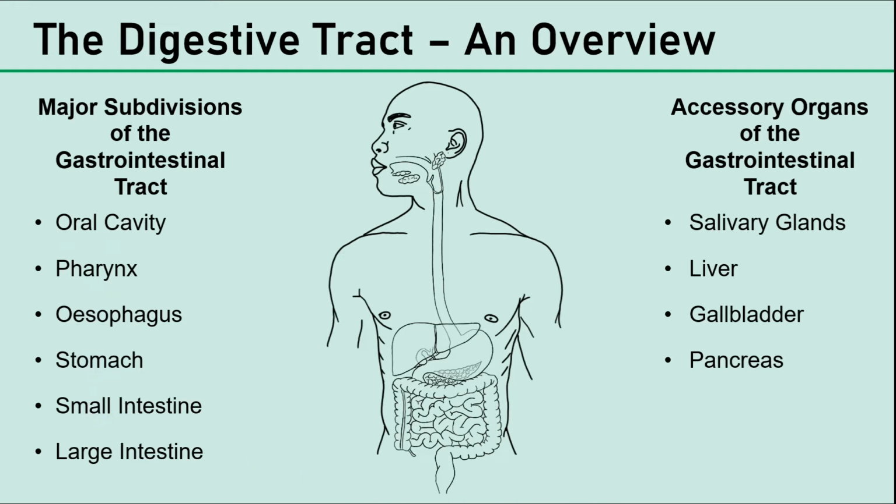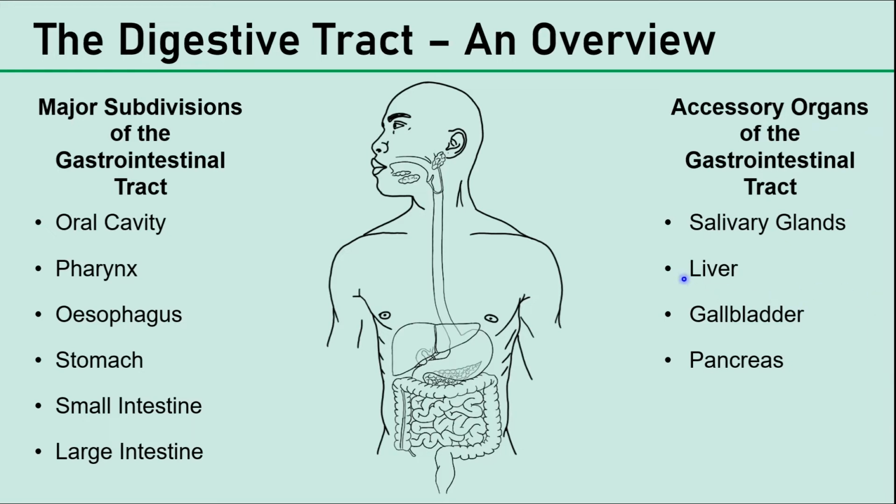And then we also have a series of organs, some of which release chemicals, so acid or bile or enzymes, which aid with the digestion of food. And these handy little helpers are called the accessory organs. So the accessory organs of the gastrointestinal tract are the salivary glands, which of course release saliva.